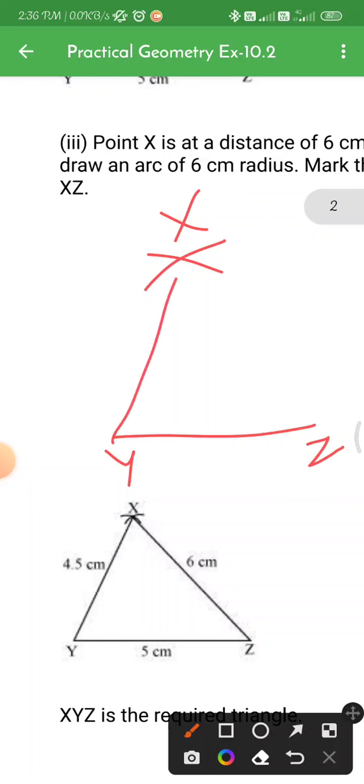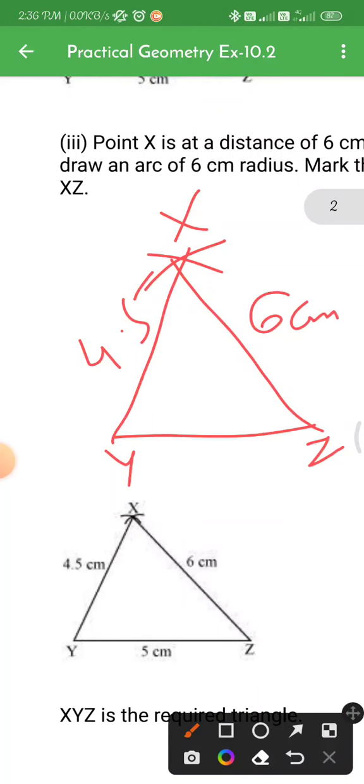Now from Y to X and X to Z you have to match, and write here 4.5 centimeter, because the measurement we have taken for this arc is 4.5 centimeter, and for this arc XZ we have taken 6 centimeter, and the base is 5 centimeter. So this is the triangle XYZ which we have to construct.